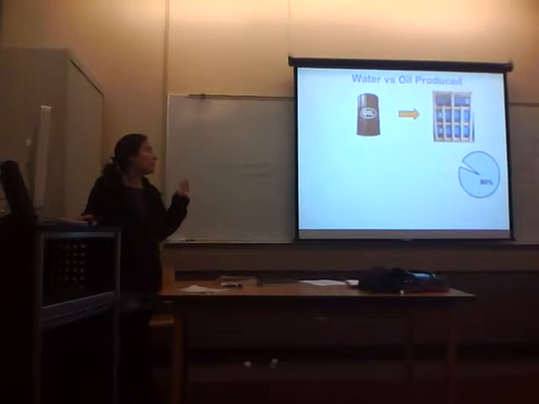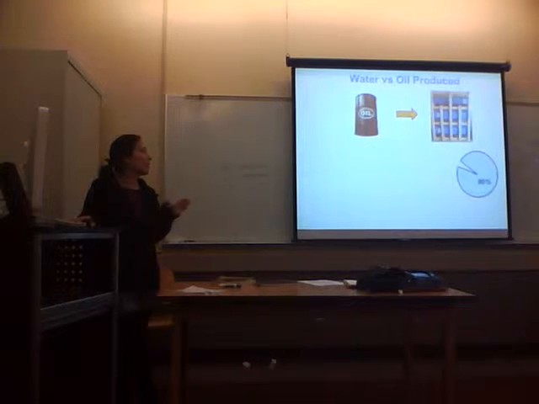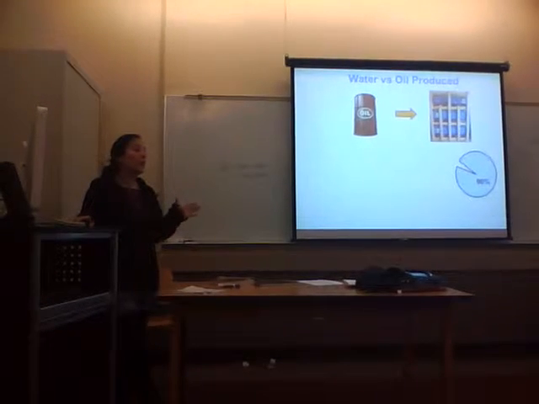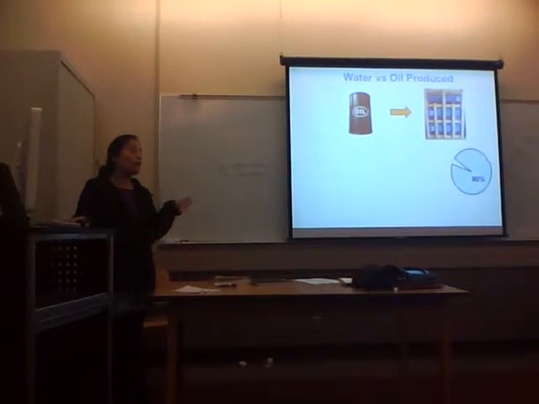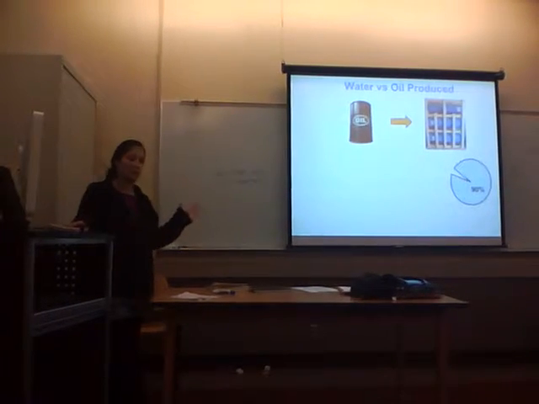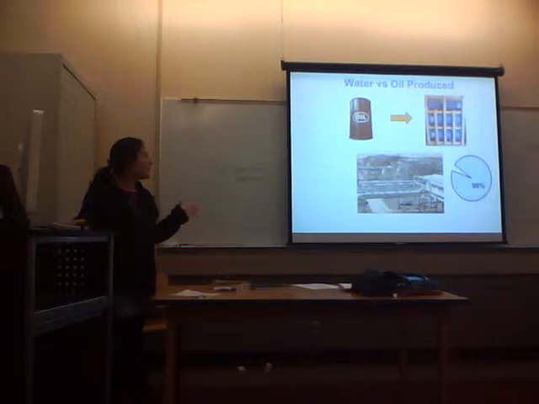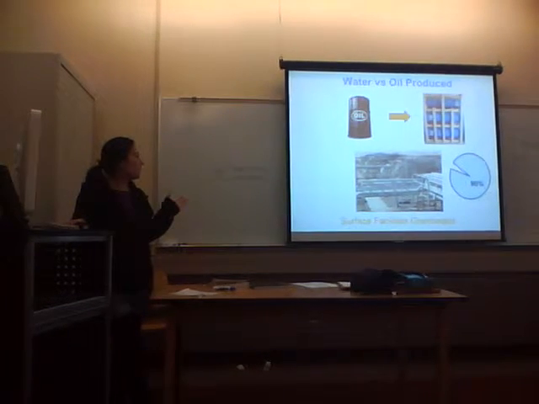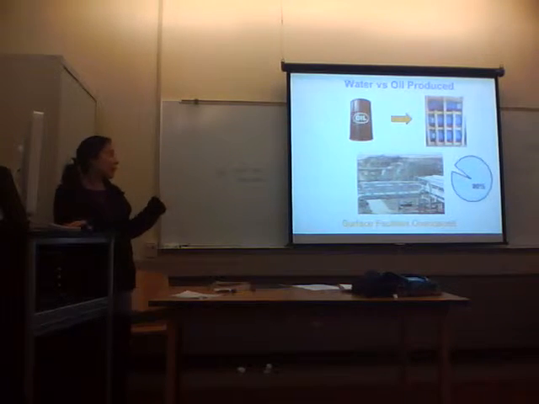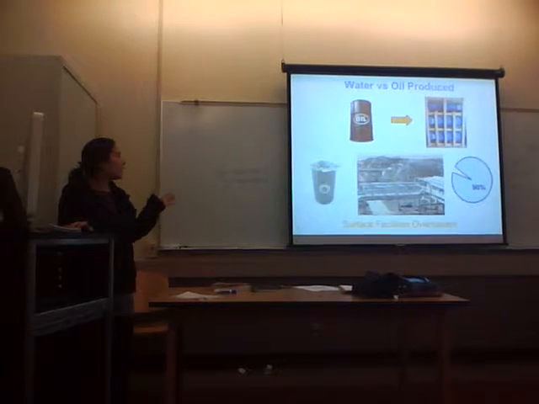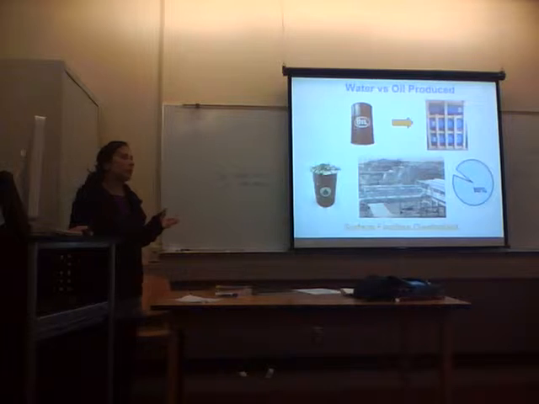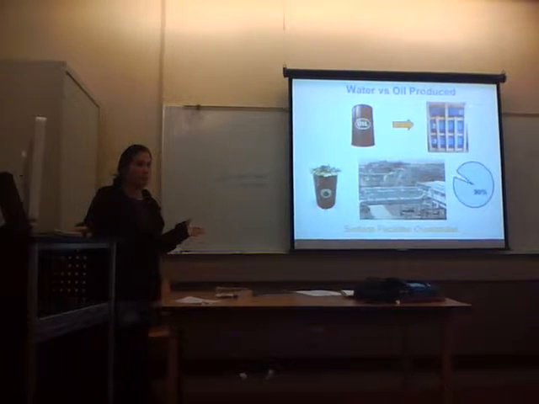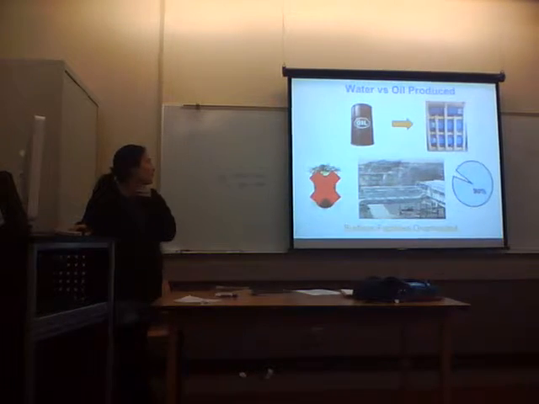Sooner or later, the water production can get to the point of representing more than 90% of the volume of liquids that are taken to the surface. Consequently, the surface facilities get overloaded, and the profitability of the field can be broken or threatened by this.